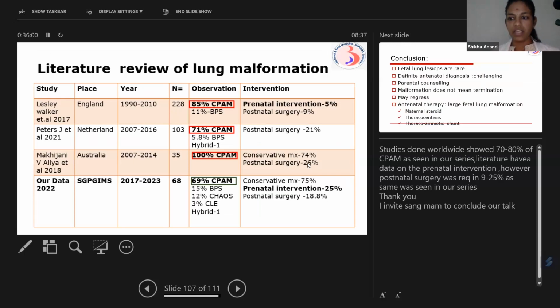As we see in our study also, the CPAM ratio is 69%. However, postnatal surgery was required in 9 to 25%, as seen in the other studies. And we also had a postnatal surgery rate of 18.8%. So this concludes the data.